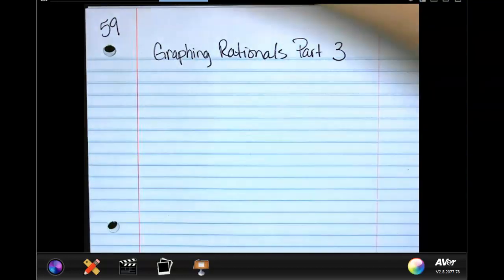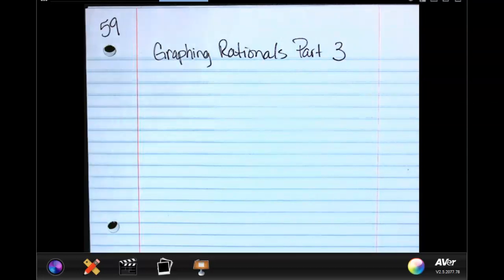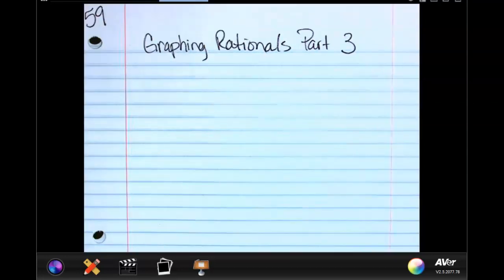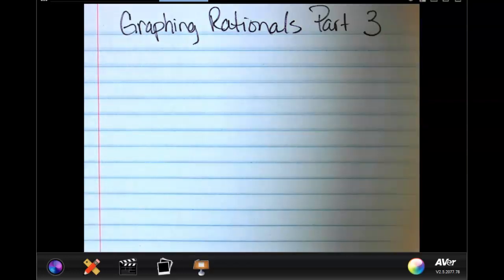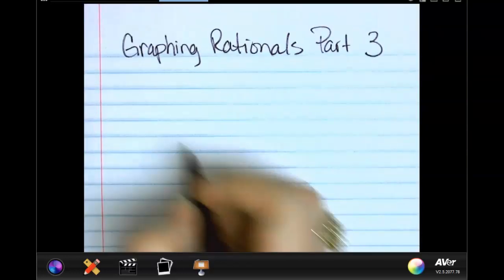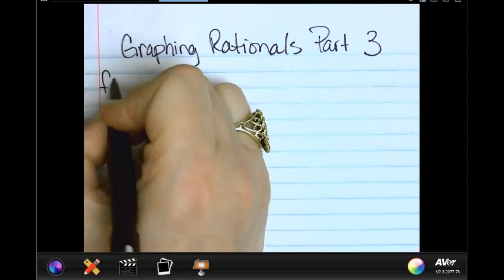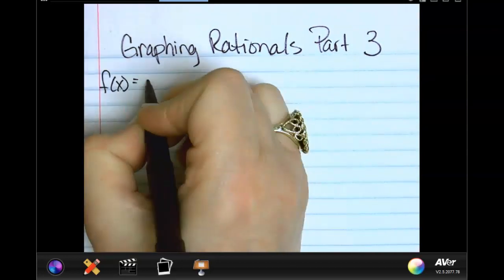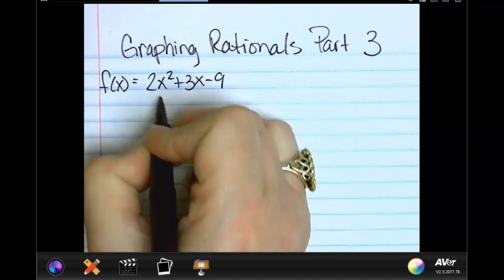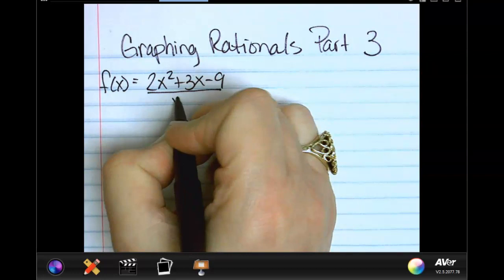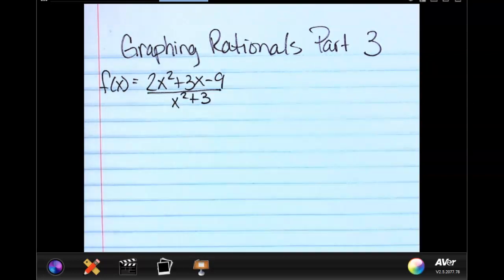Okay, so we're just going to do one example, and I'll tell you when to stick the little graph on there, so don't get ahead of me on that. I'm going to give you f of x equals 2x squared plus 3x minus 9 over x squared plus 3.